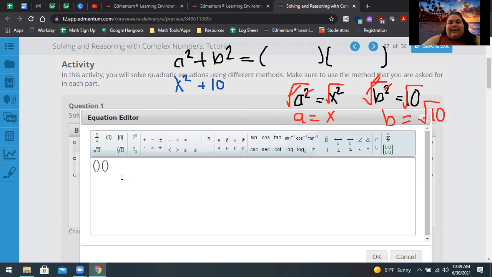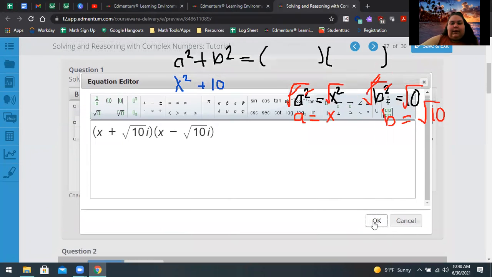Remember, the first part is a, which is my x, plus bi, or the square root of 10i, and then it's x minus the square root of 10i. So that is my factored form.